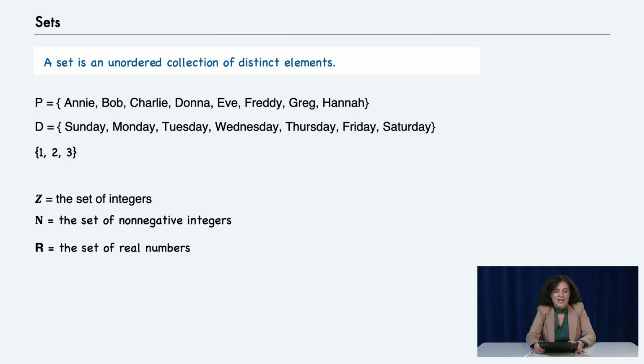We also have the days of the week: Sunday, Monday, Tuesday, Wednesday, Thursday, Friday, and Saturday. But we could have many other sets that we use. For example, just the numbers 1, 2, 3. We have the set Z, the set of integers. We have the set N, the set of natural numbers or non-negative integers. And we also have the set of real numbers.